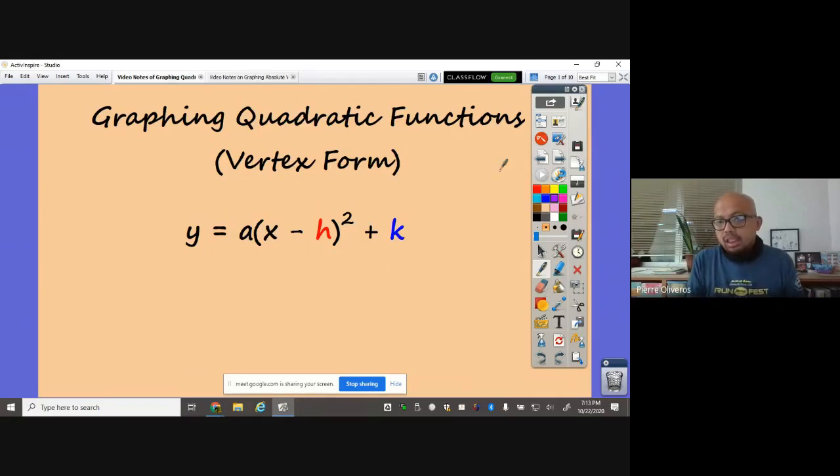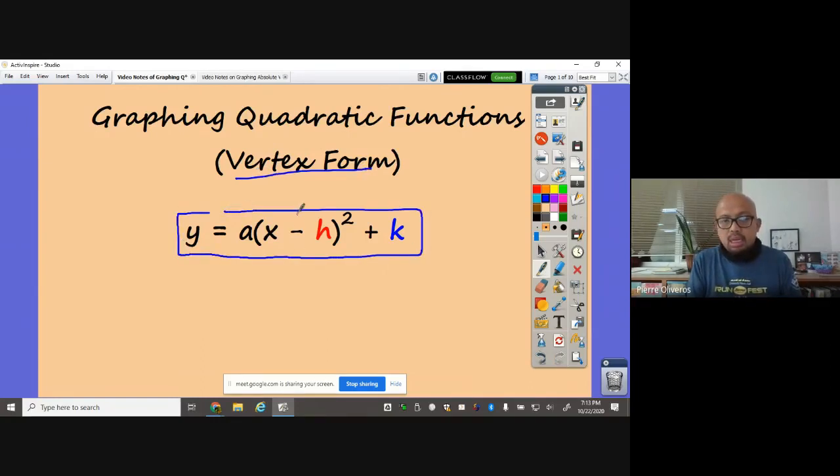Okay, at this time we should all know that the form of a quadratic equation in vertex form is y equals a quantity x minus h squared plus k, wherein h and k are your vertex.